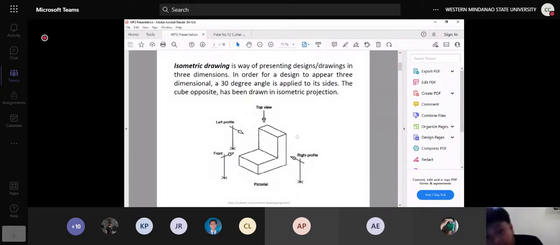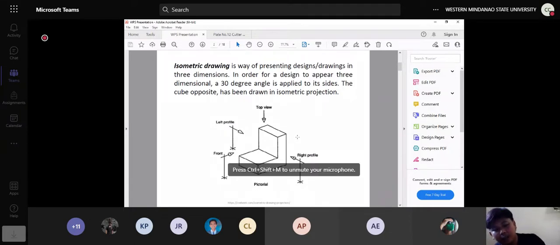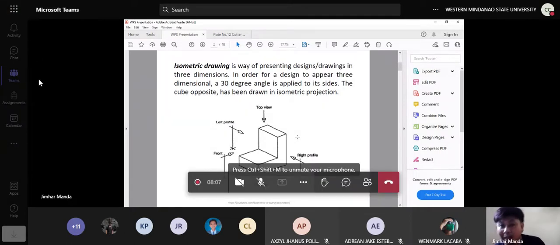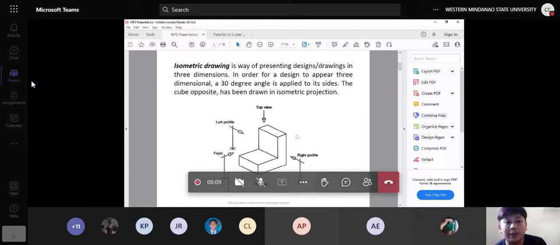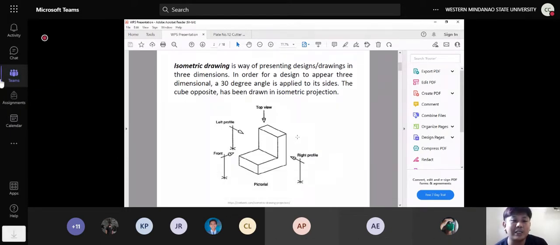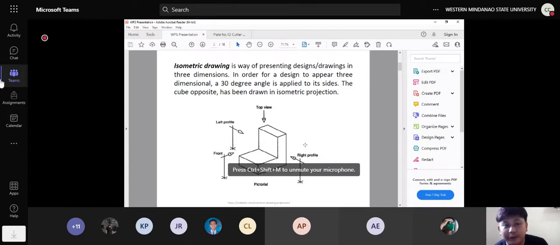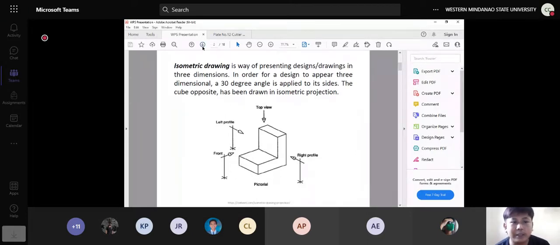At the same time, we also have the back. These different views we need for our orthographic views. But for now, since we are still on the isometric, we just need the full 3D model. As you can see here, these are the different 2D views of our isometric drawing, which is needed for our orthographic drawing.